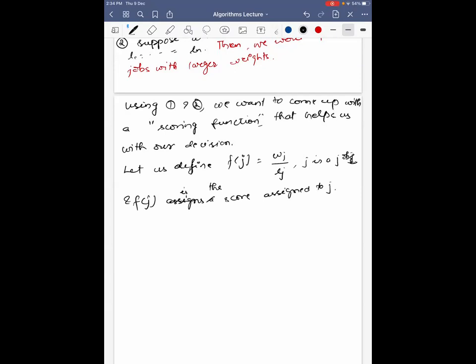We have defined this to be the function with which we'll be assigning scores to each job.